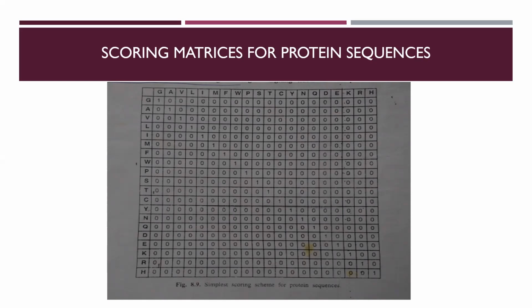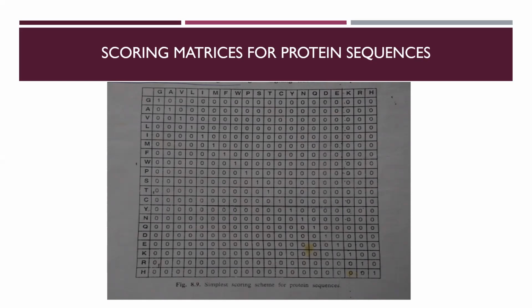One such scoring scheme is developed based on the physicochemical properties of amino acids. What are the physicochemical properties considered, as I listed earlier? It could be aromaticity, charge, size, or polarity.